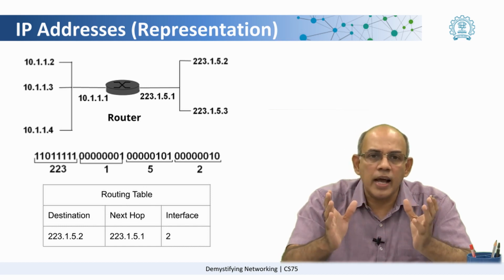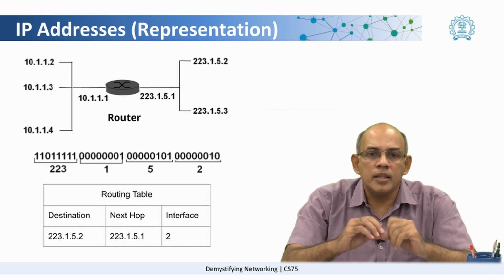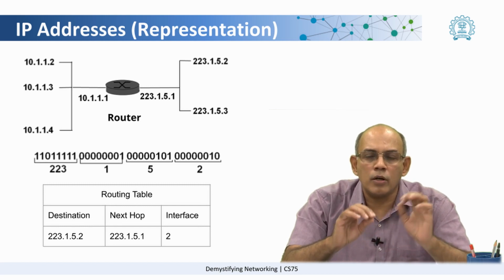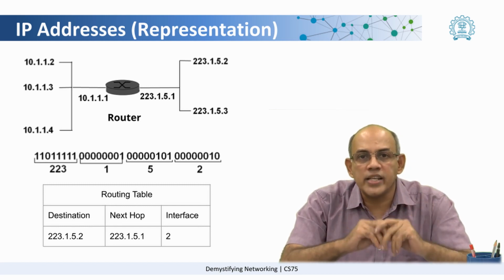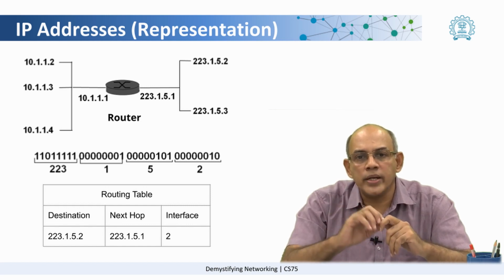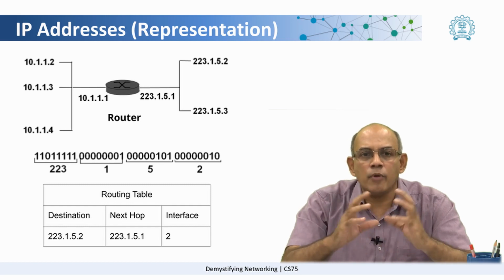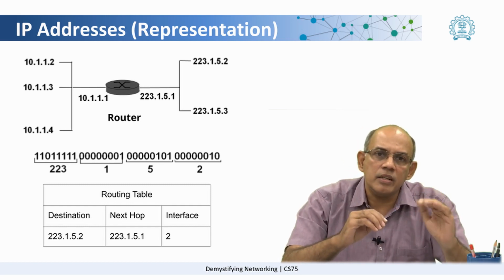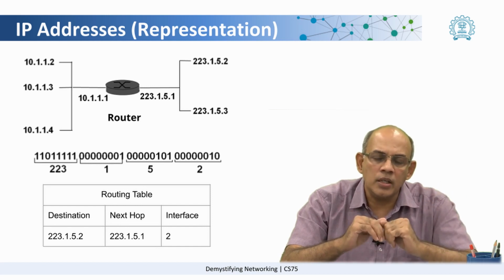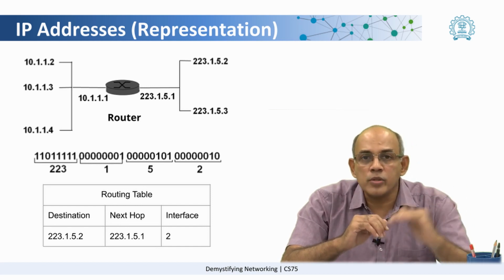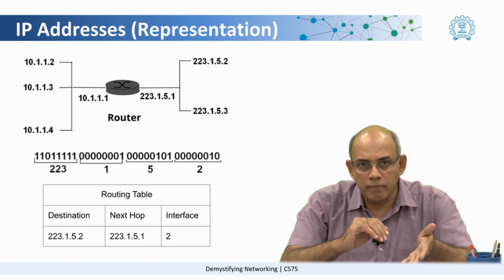So what does a router have? Suppose you look at the machine which says, okay, 10.1.1.2 wants to send a packet to the server which is at 223.1.5.2. Essentially what will happen is that the machine at one end of the network knows where to send the packet in order to reach the router.